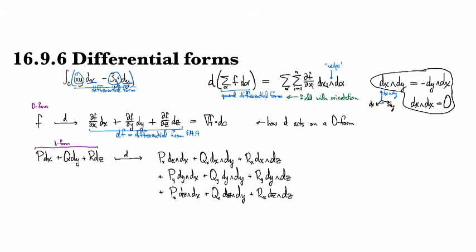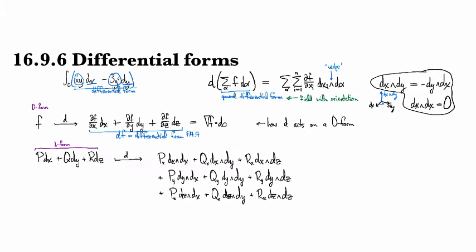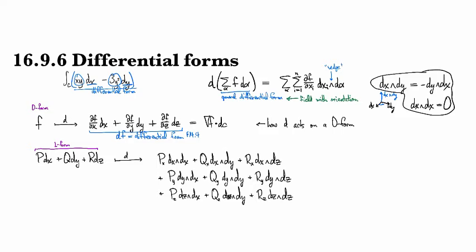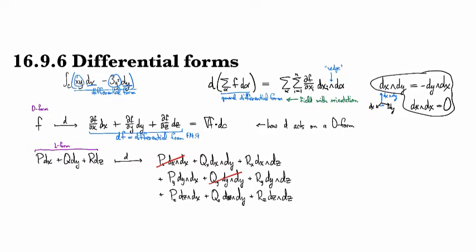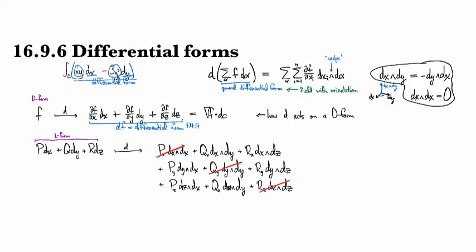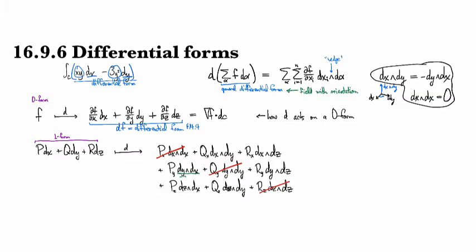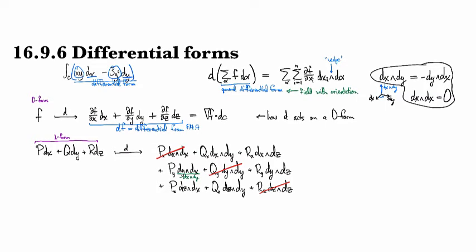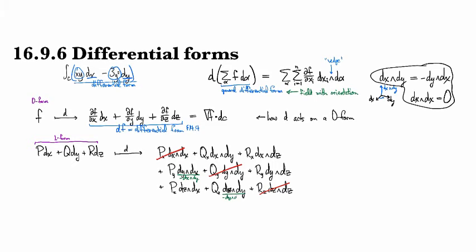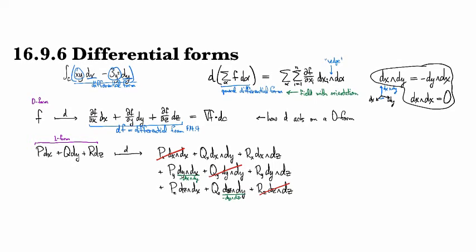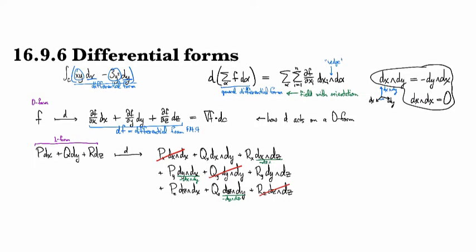Okay, then we go back to these rules over here to simplify. First off, any repeats are dead. So we can kill off this guy and this guy and this guy. Then we can collect some common terms, because over here we've got dy wedge dx, and that's minus dx wedge dy, and dz wedge dy, so that's minus dy wedge dz. And up here we have dx wedge dz, which is minus dz wedge dx.